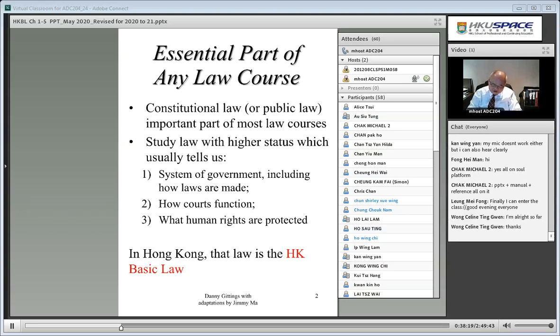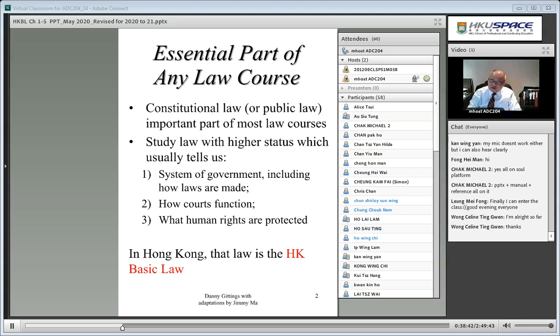Now, this particular provision, Article 39, is a very special provision. We say it's an entrenchment provision. It actually incorporated the International Covenant on Civil and Political Rights into Hong Kong through the laws.